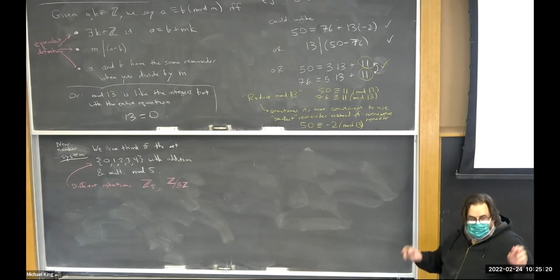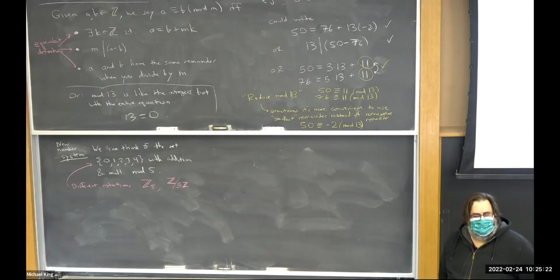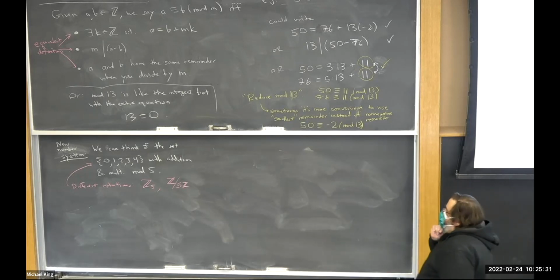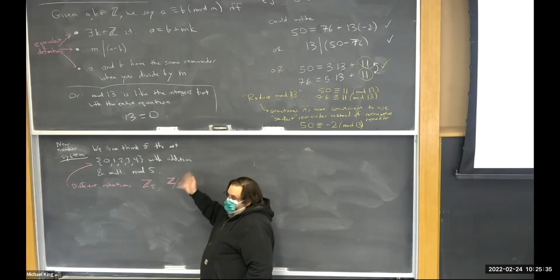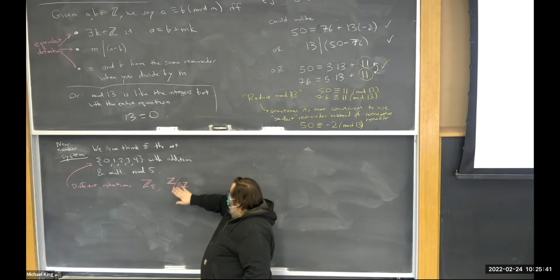You can think of 5Z as the multiples of 5. I could write 5Z to represent the multiples of 5, all the integers, because you're just taking everything in Z and multiplying it by 5. And so modding is really like quotienting: anything in here, you're just going to turn into 0.